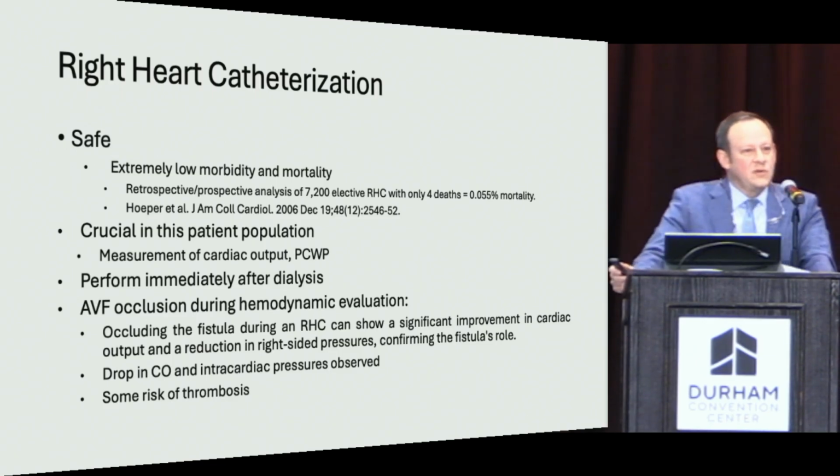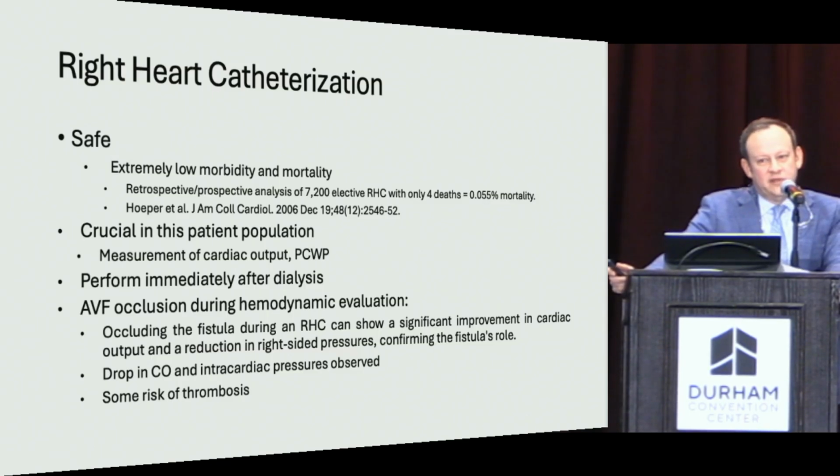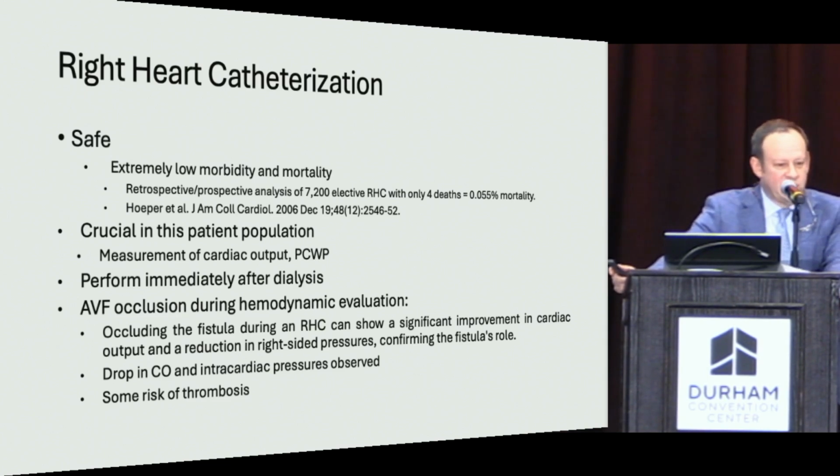Sometimes we can perform occlusion of the AV fistula, particularly if high cardiac output is noted during the right heart catheterization, and demonstrate significant reduction in cardiac output down to more normal levels, as well as reductions in intracardiac pressures, confirming the fistula's role.